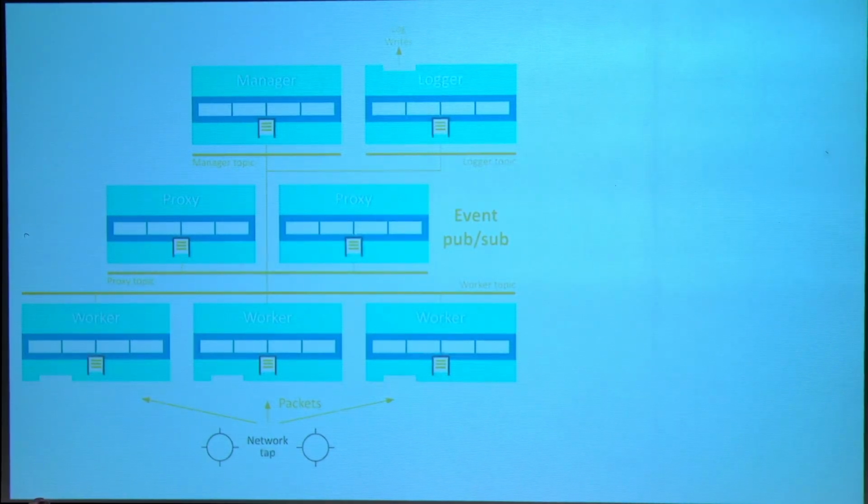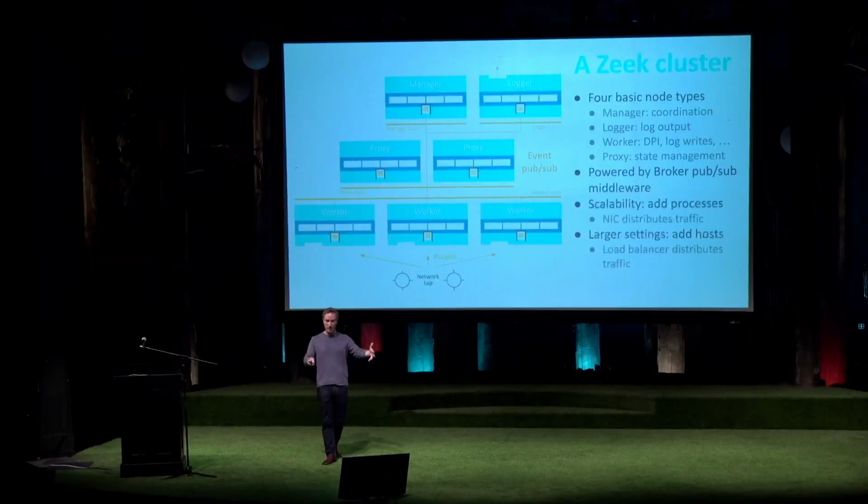For example, sometimes the proxies and the manager will want to have some sort of centralized state, and when some script in one of the nodes in that cluster decides it is time to log an entry to a file, then it'll send an event over, or more specifically a message, it's not all events, to the logger, and that thing puts it out. And so that's then a Zeek cluster.